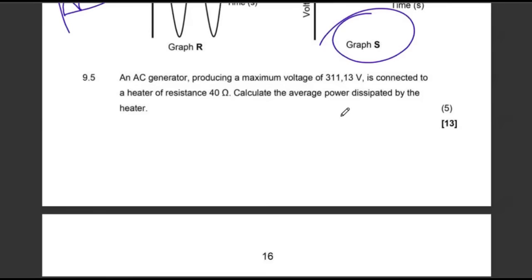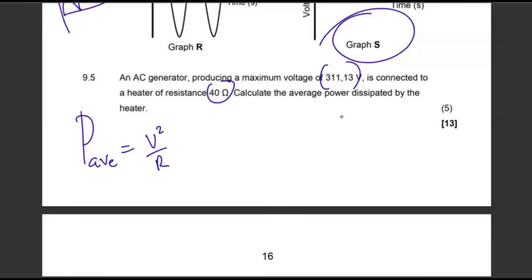The 9.5, if we have an AC generator that produces a maximum of this much, connected to a heater of 40 ohms, calculate the average power dissipated. On our formula page, we have a formula for average power. The average power follows the same combination as power, so I can say V squared over R. But remember, this average just works with RMS values.